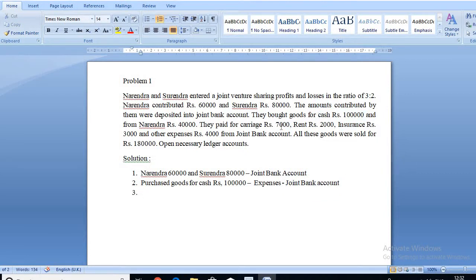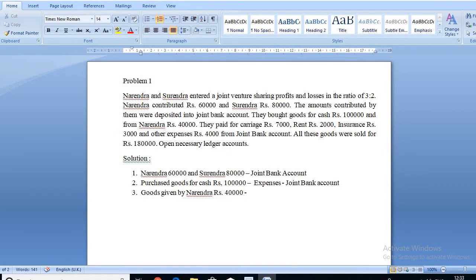In the third transaction, they also purchased goods from Narendra. Narendra also supplied goods, rupees 40,000.